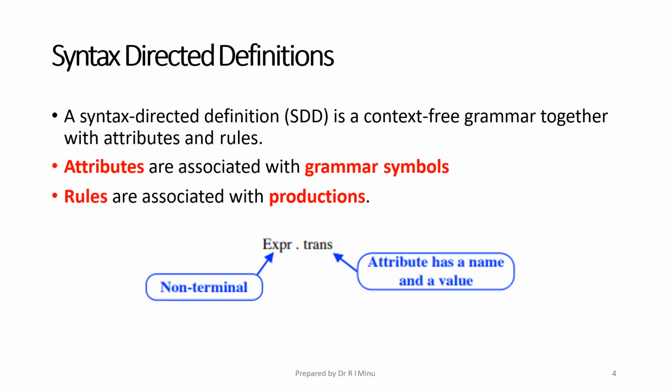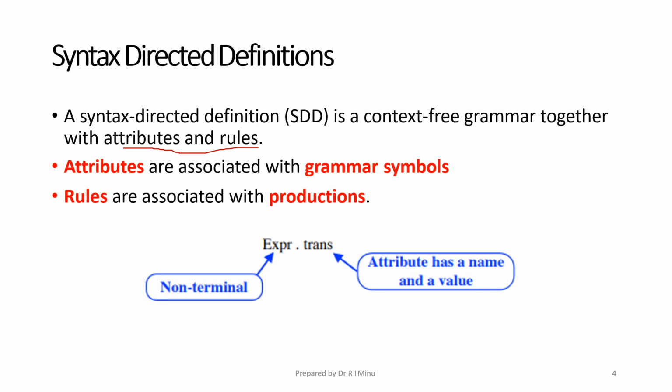As discussed before, it is a context-free grammar together with attributes and rules. What are attributes? Attributes are any values, or names, or code, address, place. All these are attributes, and they come along with each variable of a production, after a dot: E.val, E.code.